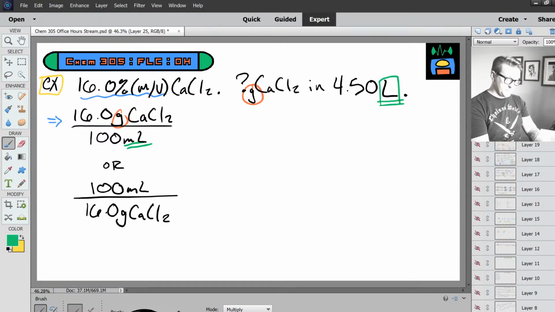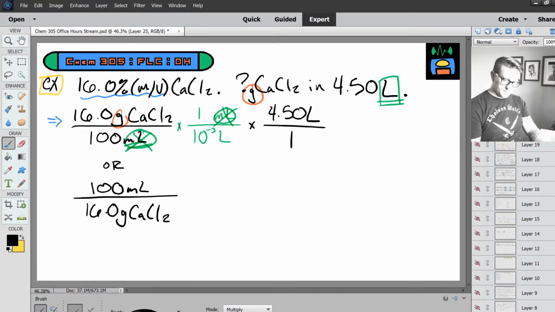All right, so first off, 1 milliliter is 10 to the negative third liters. Now milliliters cancel, and now we can multiply this by our volume in liters.